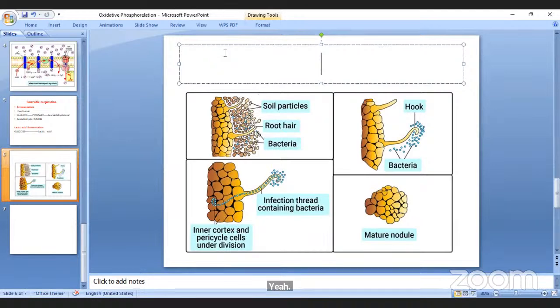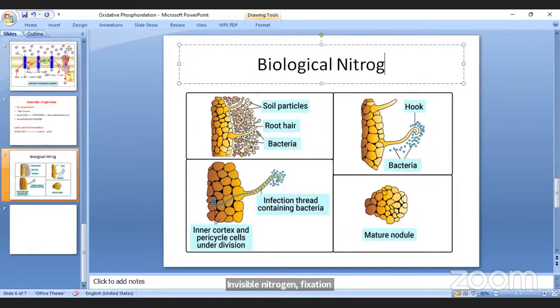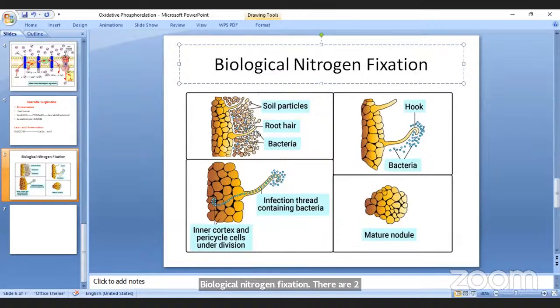Symbiotic nitrogen fixation, asymbiotic nitrogen fixation. In biological nitrogen fixation, there are two types, symbiotic and asymbiotic. And they are given on page number 241 clearly. Asymbiotic bacteria, cyanobacteria, symbiotic bacteria examples.